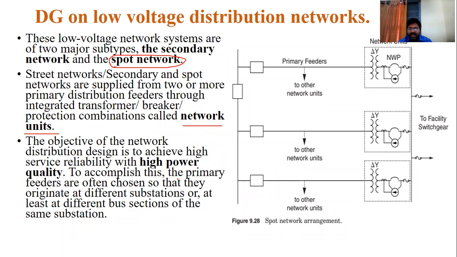So what is the main objective of these networks? Why are you dividing into a secondary network and a spot network, or primary network to secondary to spot? What is the primary objective? The primary aim is to maintain uninterrupted power supply. You can give continuous power to the consumers.